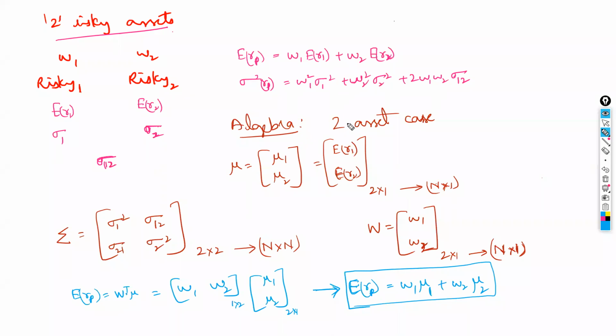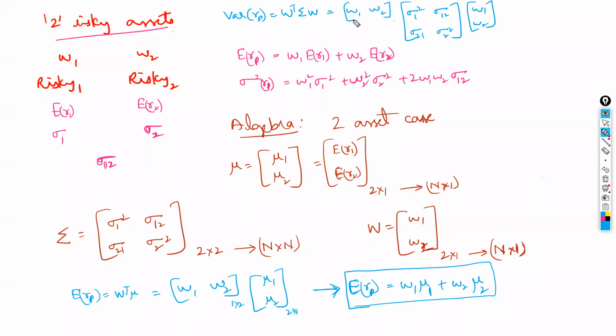Okay. Now, what about variance? Variance will be W transpose into sigma into W. W transpose means W1, W2. Sigma matrix is given here: sigma 1 squared, sigma 1,2, sigma 2,1, sigma 2 squared, into W, means W1, W2.